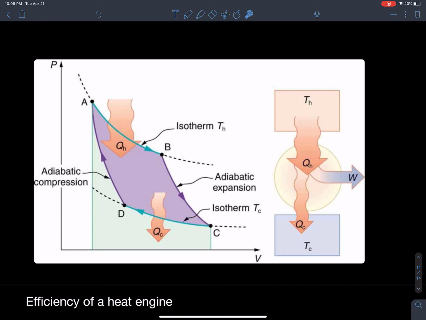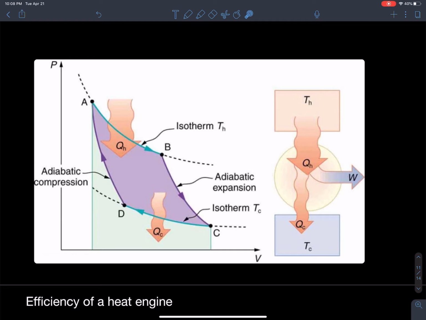A significant portion of it is going to be lost due to cooling, since I have to cool the piston to come back down to recycle. A significant portion of that energy is going to be lost due to the cold sink, as well as to friction and all these other things. But the adiabatic processes of the Carnot cycle try to maximize the efficiency of that engine. And that's what we're going to be after today.